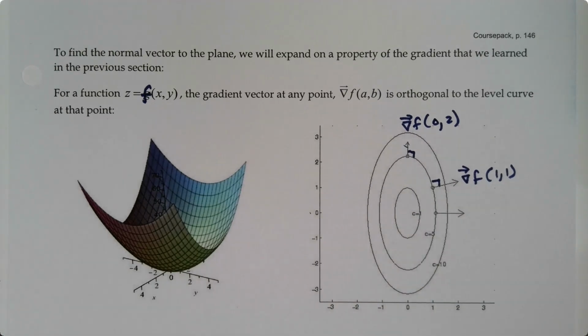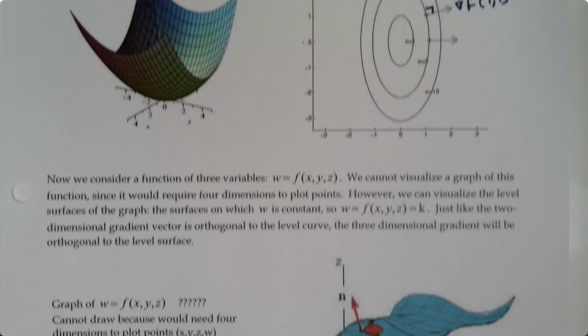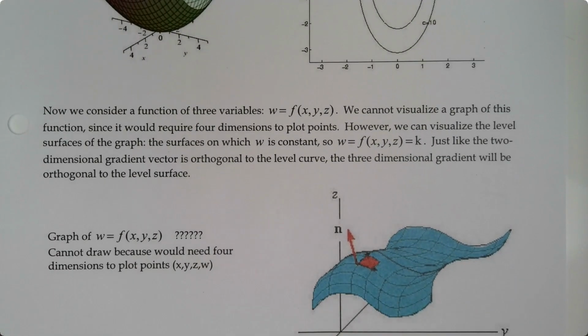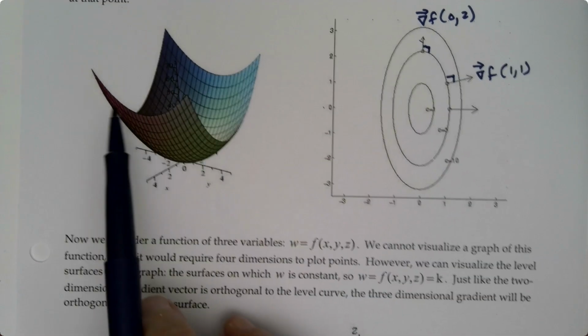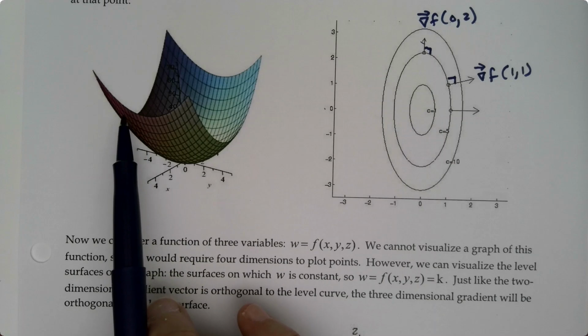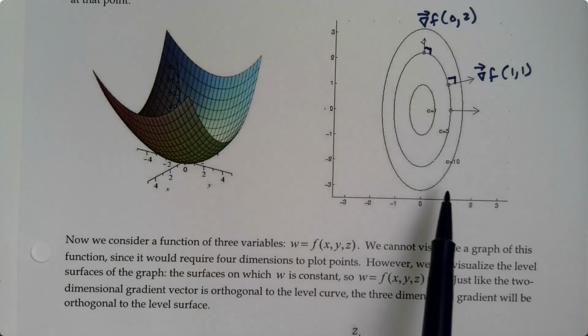All right, now what if it was a function in 3 variables? We can't really visualize that because you would need 4-dimensional plots, and we don't know how that would work. But we can visualize the level surfaces of the graph, right? Those are surfaces, not curves, so this is different. When you take a 3-dimensional object and do level curves, it brings it down to 2 dimensions.